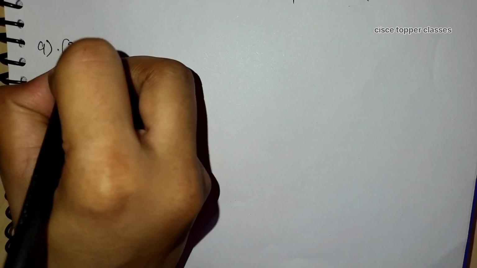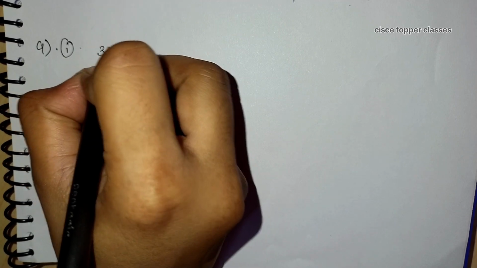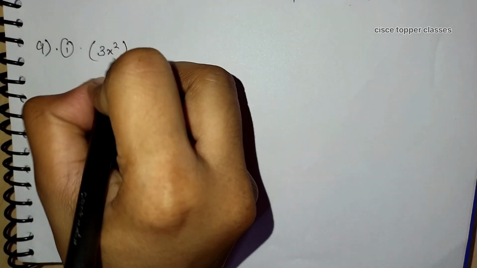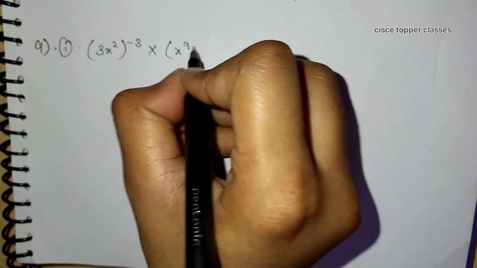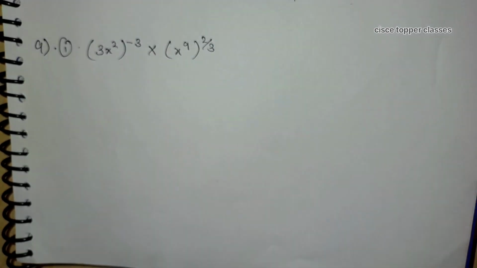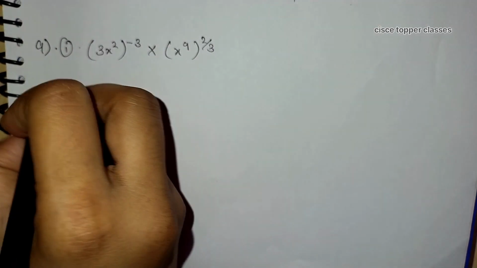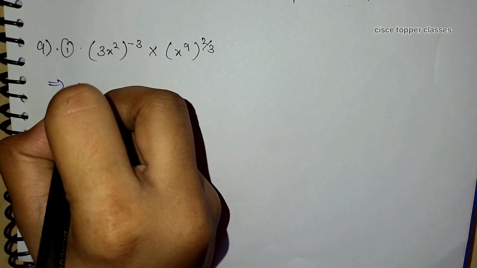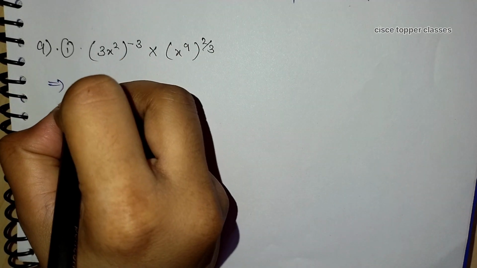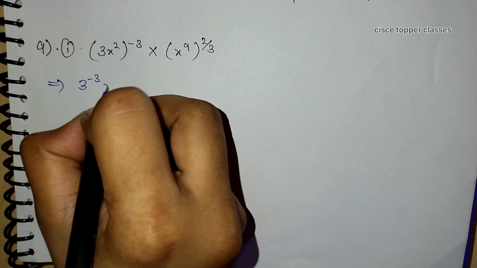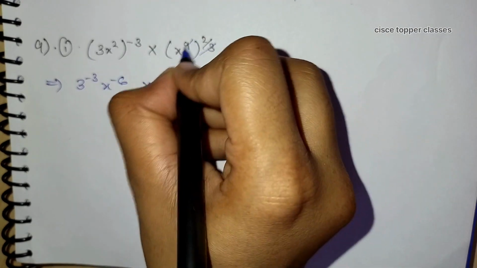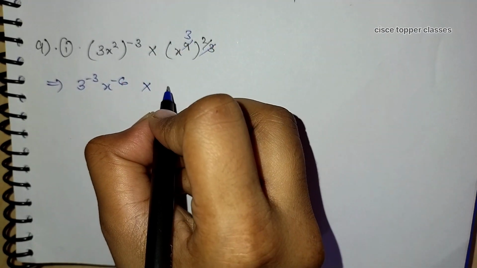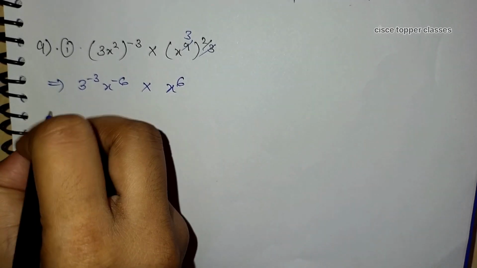Now let us solve the ninth first part here, which is (3x²) whole minus 3 into x to the power 9 and 2 by 3, whole power is 2 by 3. Simply we can write it as, on multiplying, 3 to the power minus 3, x to the power minus 6, into this will be cancelled out, and here we will get 3, so x to the power 6.